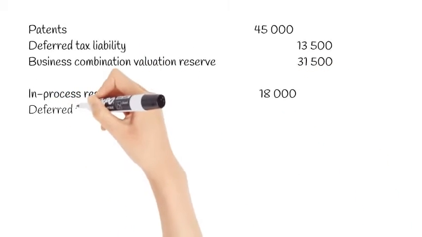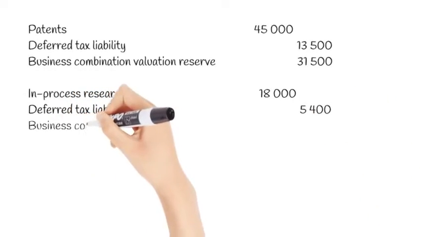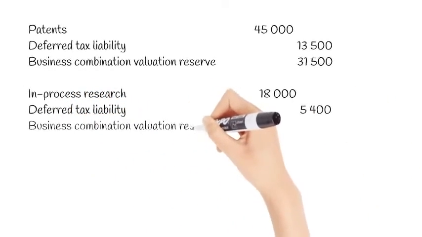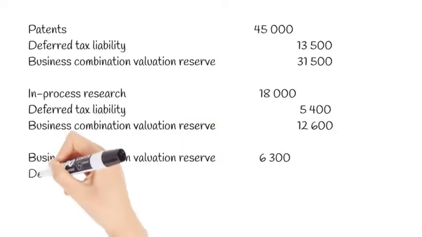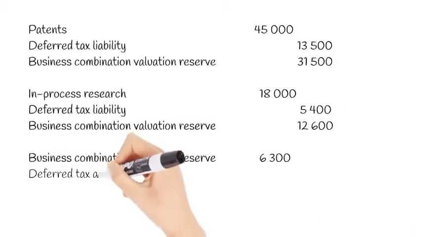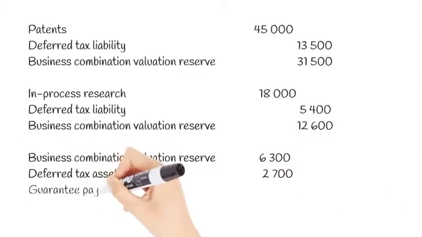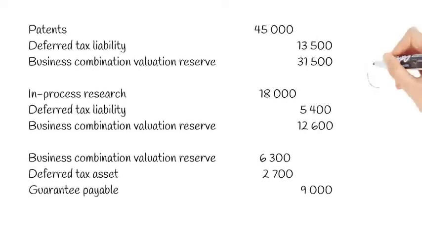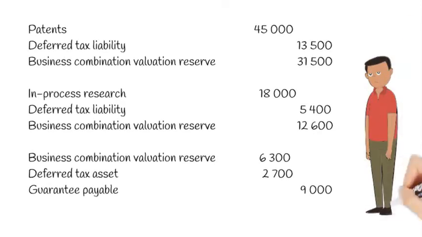We also have in-process research to account for. Remember, the BCVR is net of tax. Then we have the guarantee payable, which is a liability. Therefore, we debit BCVR, debit deferred tax asset, and credit to show an increase in liability.